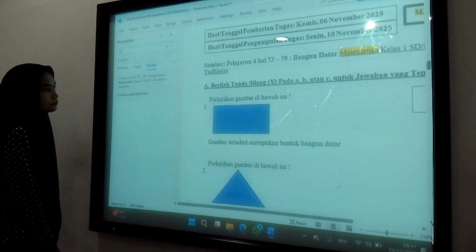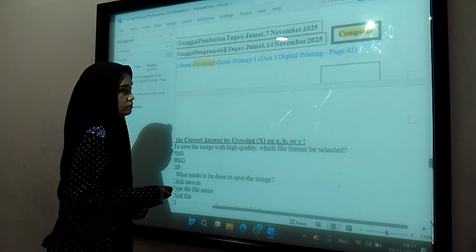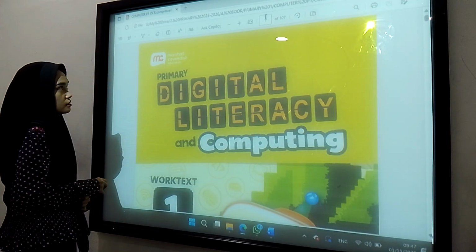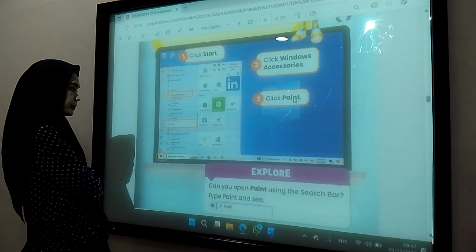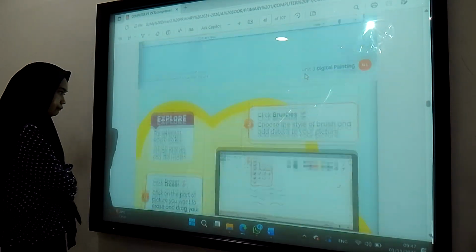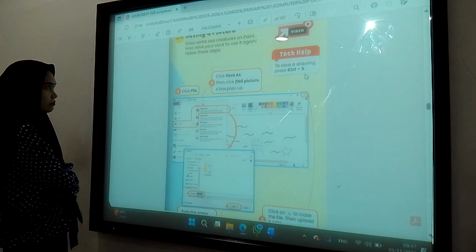Okay, so for computer, we'll check from page 43 only. Yes. Four, three, three. Yes.